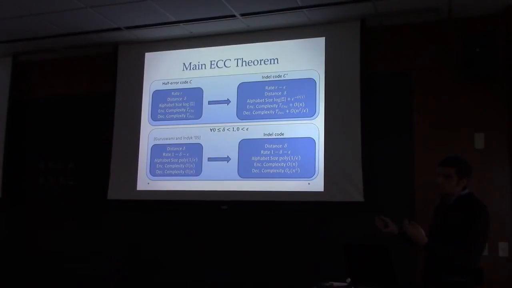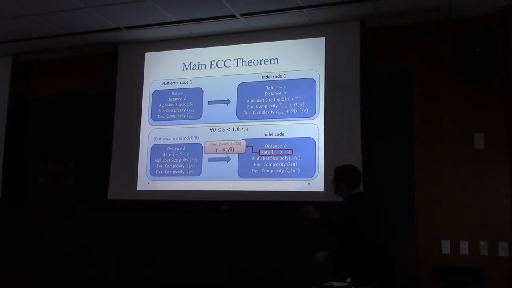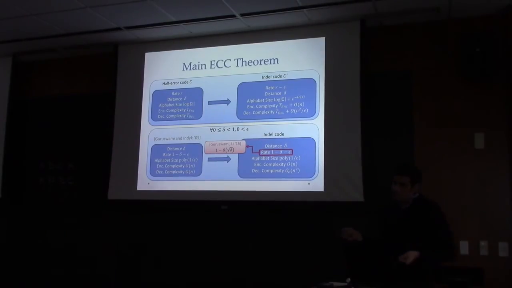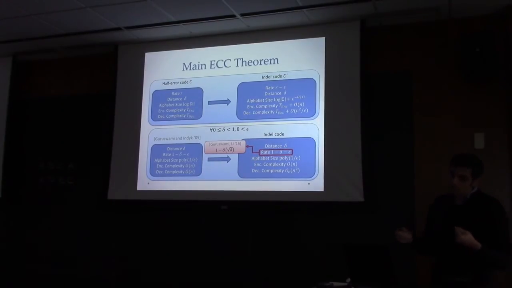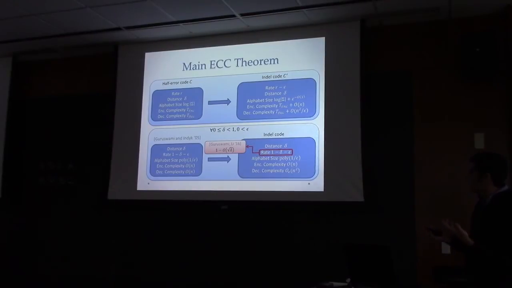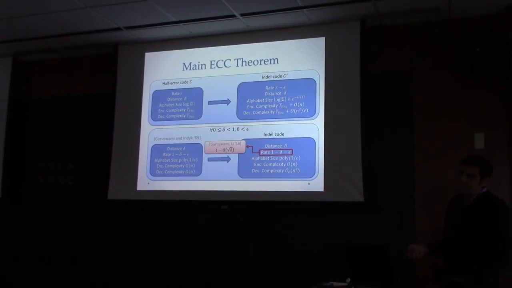This means you can get as close as you want to the Singleton bound, while the best previously known codes could achieve 1 minus the square root of delta. So it's not only an order of magnitude improvement over that result, but the fact that this constant factor here is 1 nearly closes the gap, because of this epsilon. You cannot hope for a significant improvement here anymore.